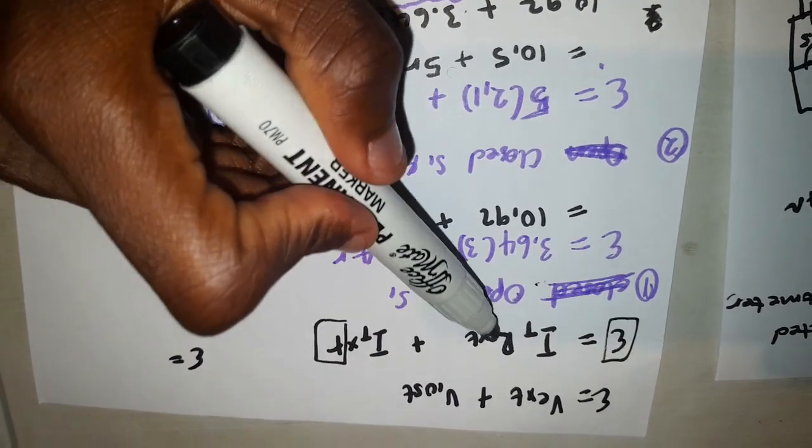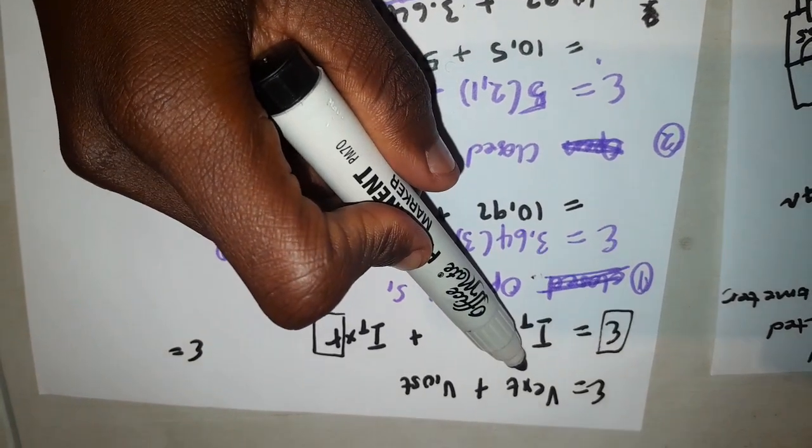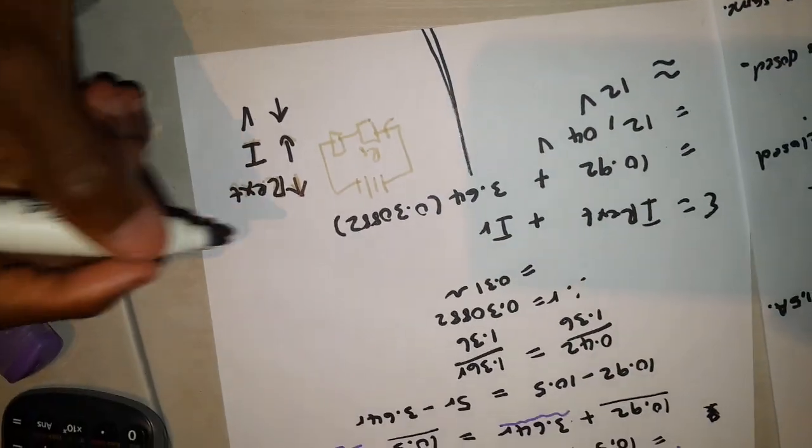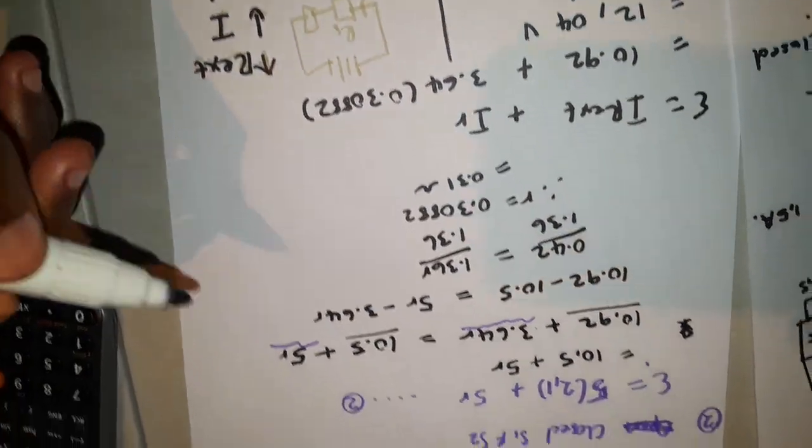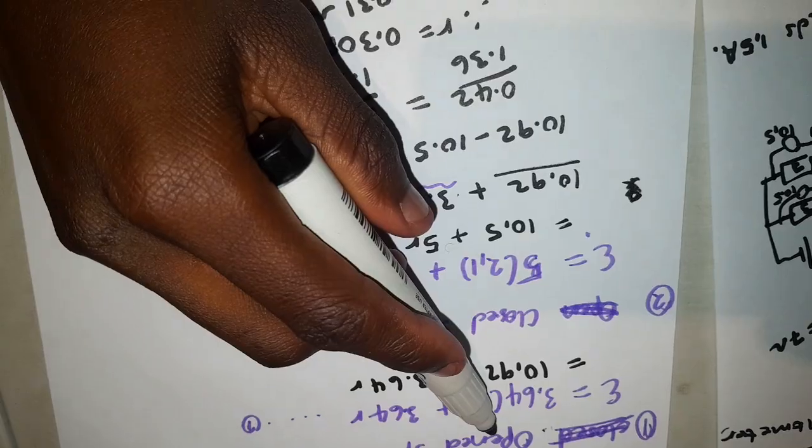It's the same: this will increase and also this will increase. So that's how we tackle it. For example, let's say from being 3, it's now 7.